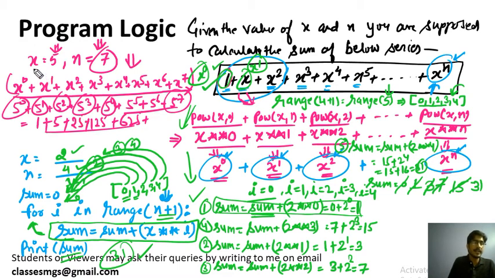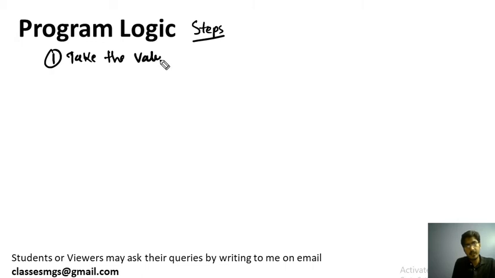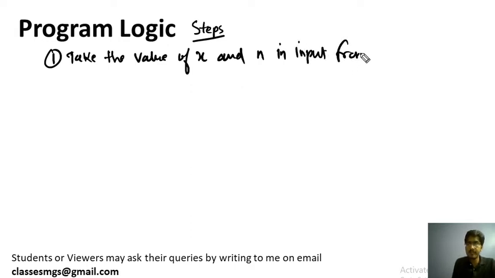Now I will write the Python code. Okay, so I am roughing these things. I think I no need to write these steps now. For your convenience, let me write these steps. First we need to take the value of x and n as input from user.